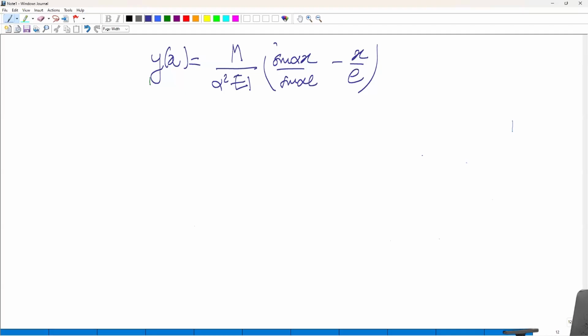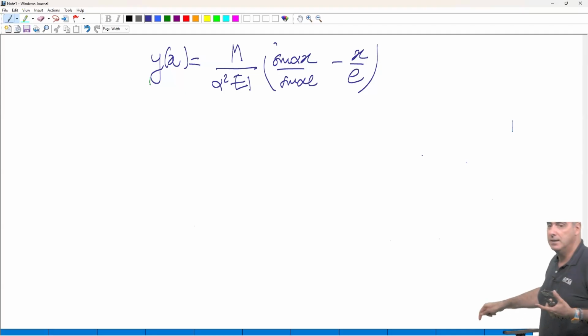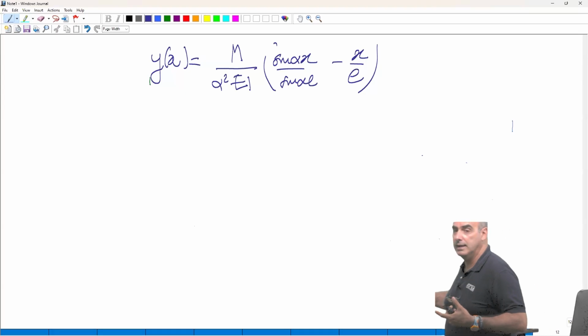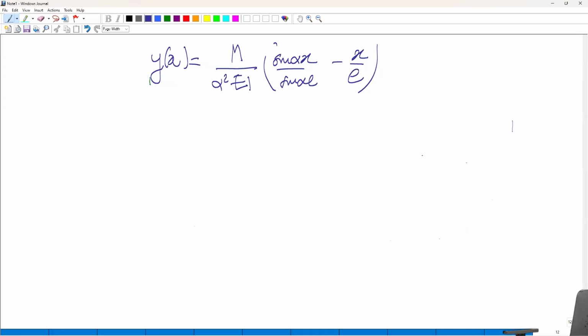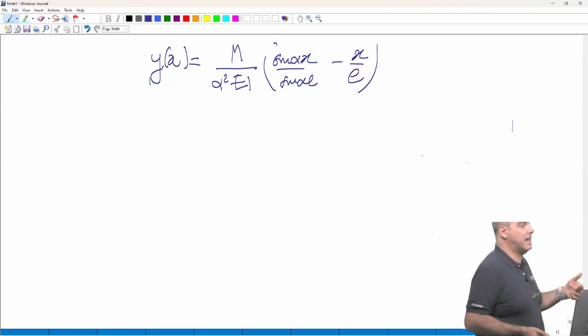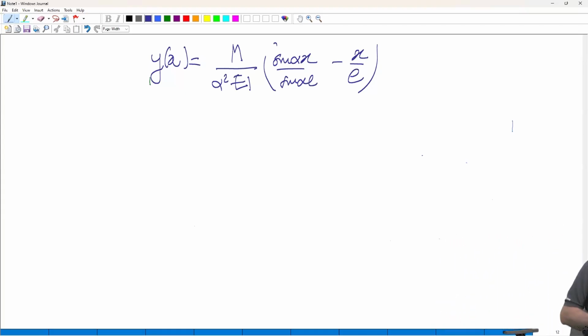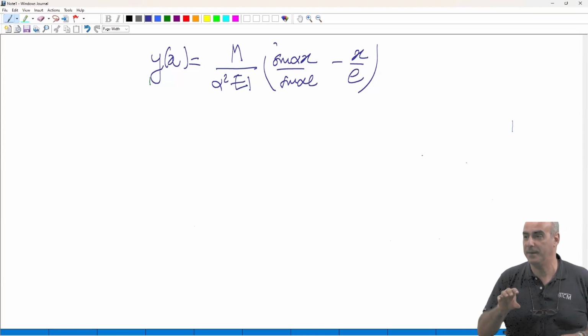But what is the effect? If y becomes infinite, also its first derivative becomes infinite. And the first derivative is the rotation. Also, its second derivative becomes infinite because the function is governed by the sin(αx) divided by sin(αL). Sin(αx) changes, sine, cosine, minus cosine, sine. It changes periodically. But the sin(αL) always stays there.